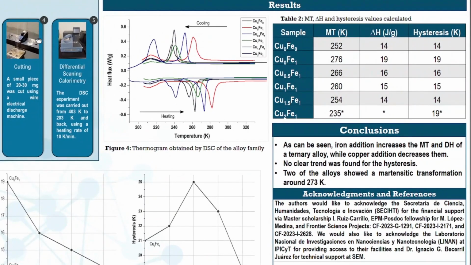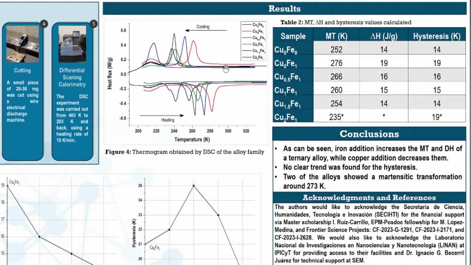So here in the thermogram, we can see that adding 1% of iron shifts the transformation to higher temperature compared to the ternary alloy, from here to here. And adding copper shifts it back down, from here to here, here, here, and finally here.